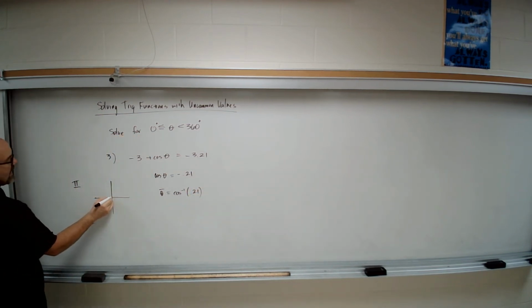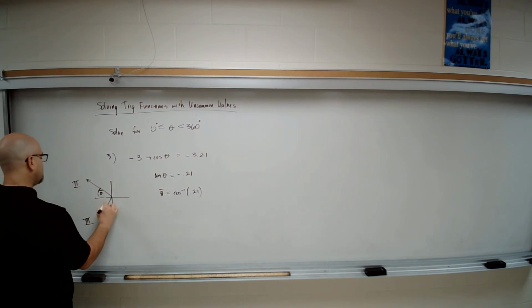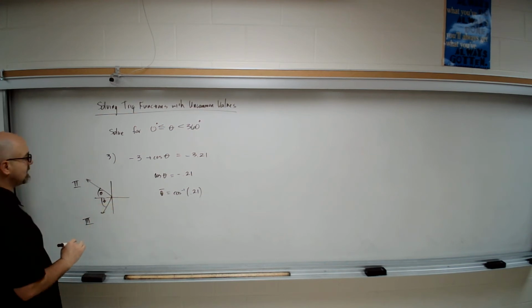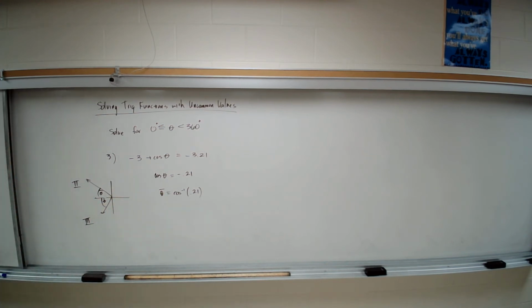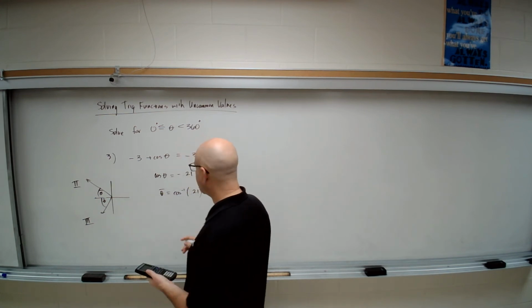And then we're going to use that angle right here and right there, right? It's going to be that many less than 180 and that many more than 180 is how I would do that. So let's see what this reference angle would be.